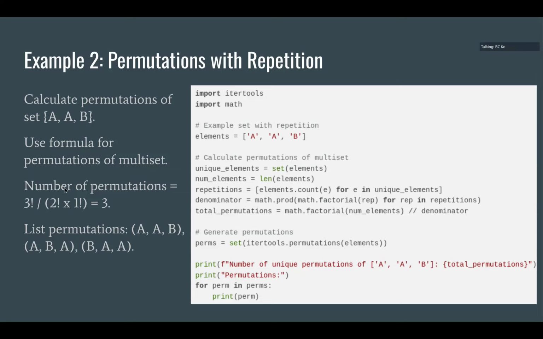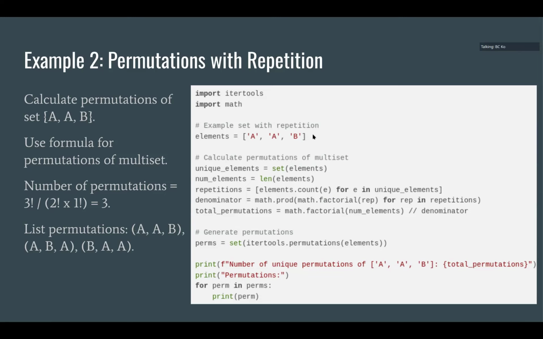So in this case, we have 3 elements total with A repeating twice. So we calculate 3 factorial divided by 2 factorial times 1 factorial, which equals 6 divided by 2, giving us 3. So the permutations are AAB, ABA, BAA.